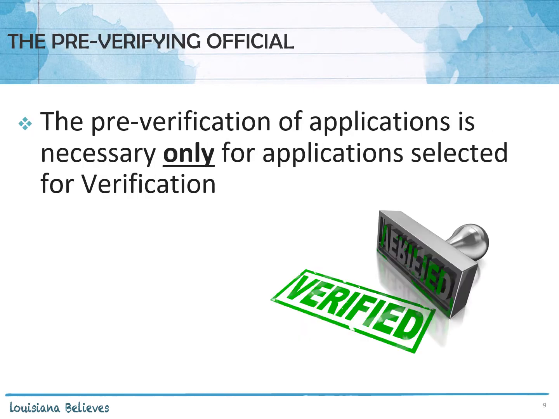Next, we will discuss the pre-verifying official. The pre-verifying or confirming official will only verify applications that are selected for verification. They do not need to confirm the status eligibility of all applications as the determining official does.